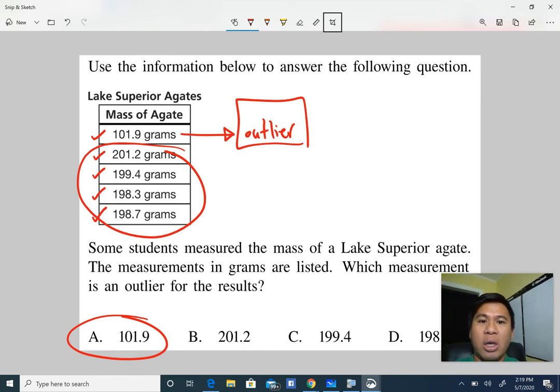So again, in most cases, we don't actually need to calculate or compute for our outliers, like in this particular case.